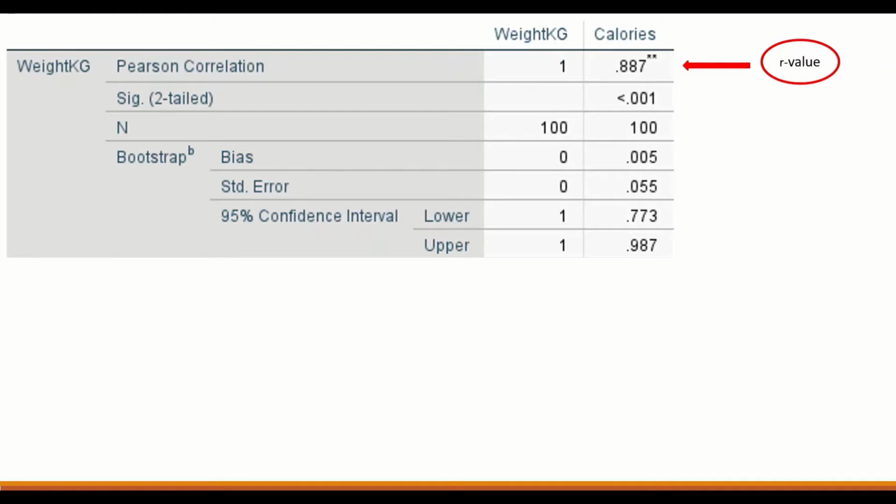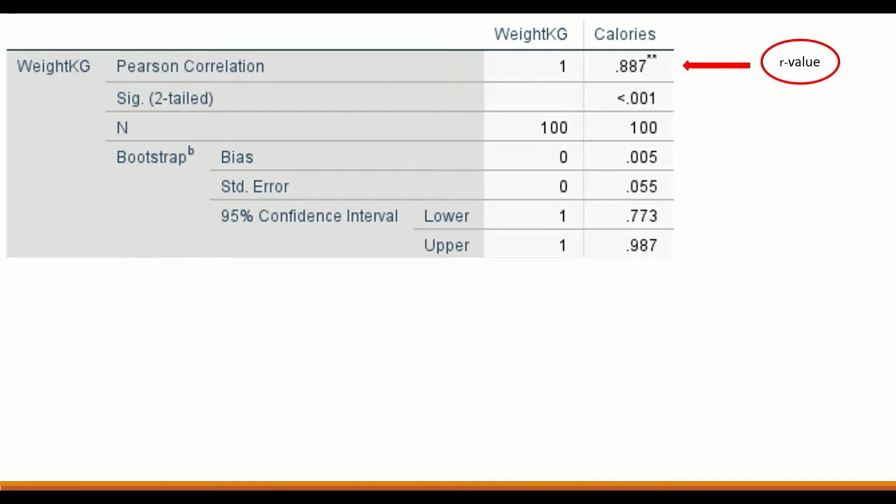When there is an increase in the calories consumed, there is an increase in the weight. So this is a positive relationship, and it's a strong relationship because it has a value of R close to 0.88. The correlation is significant, as we can see here.